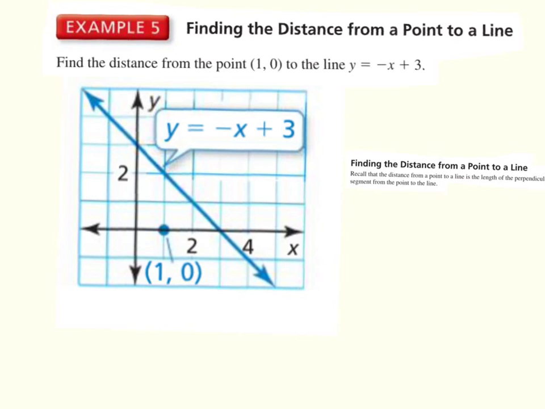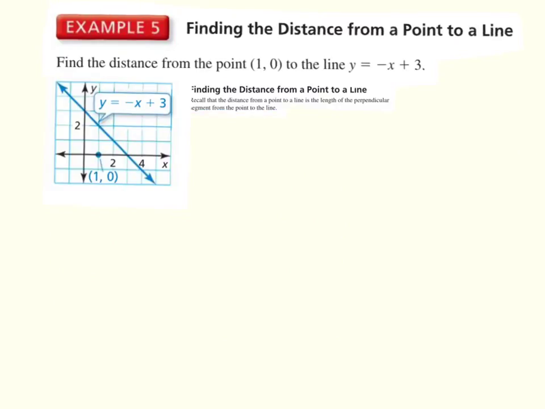So what do I have to do? How do I find that? Well, the first step is to find the slope of the line that they give you. If we look at this, I know that the slope is -1. So let's write that down: the slope equals -1. If I want a line to be perpendicular off of this point, the line that comes off this point will have a slope that's perpendicular to this.